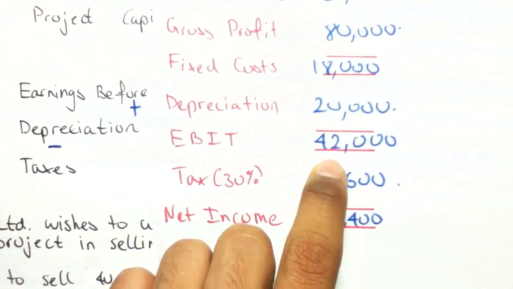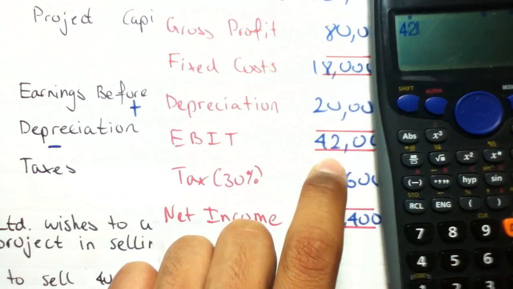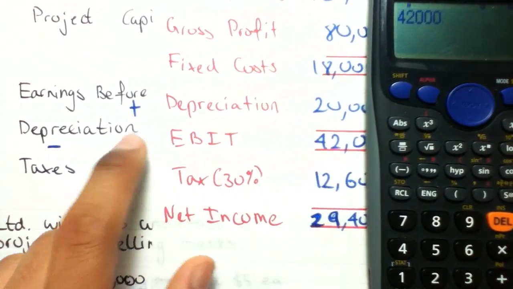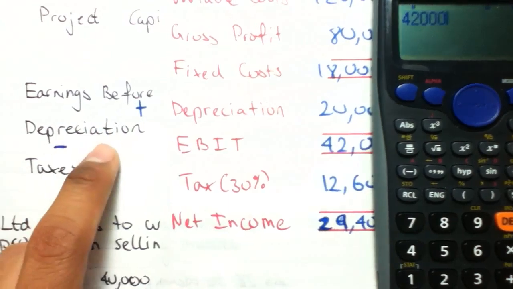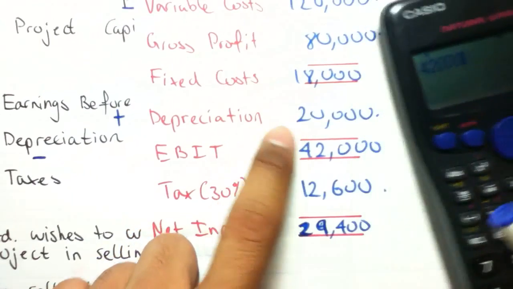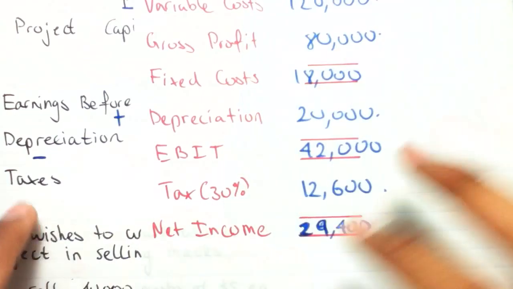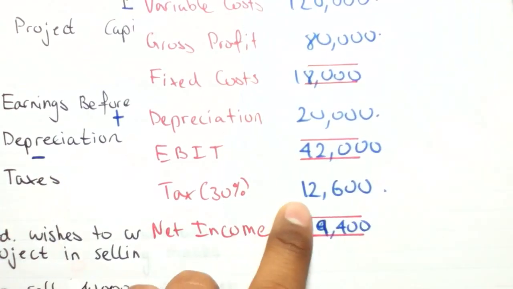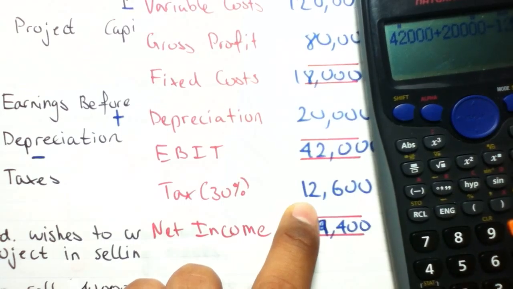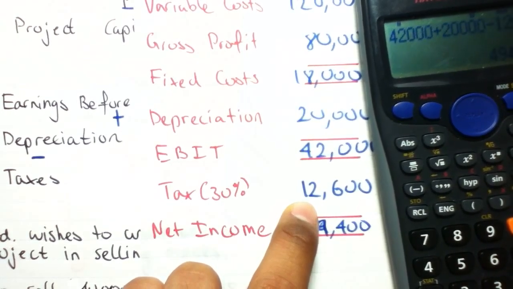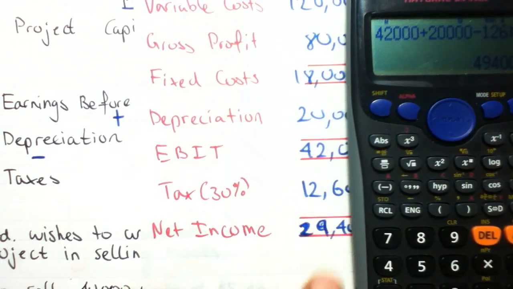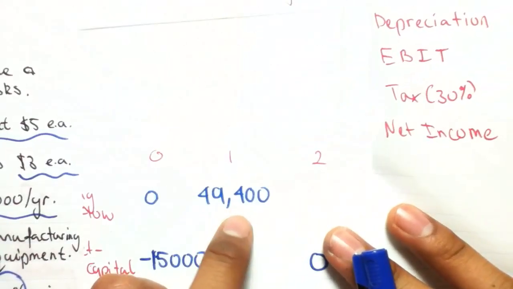Earnings before interest and tax is $42,000, so we have $42,000, and then we're going to plus depreciation. Well, depreciation is $20,000, so I'm going to plus $20,000. And then finally, I minus taxes, and taxes are $12,600. And that's $49,400, which is the value that I put down here.